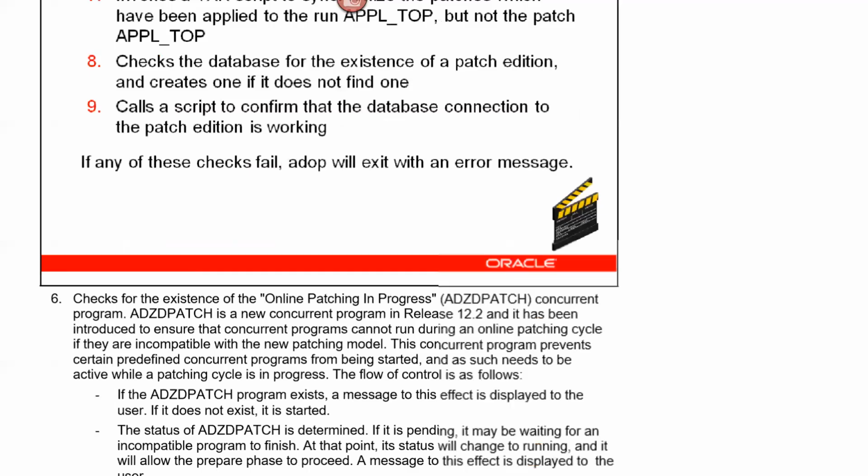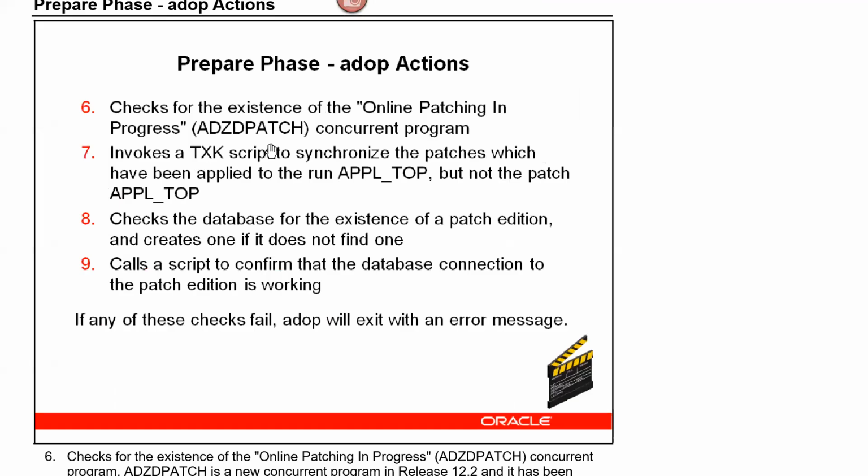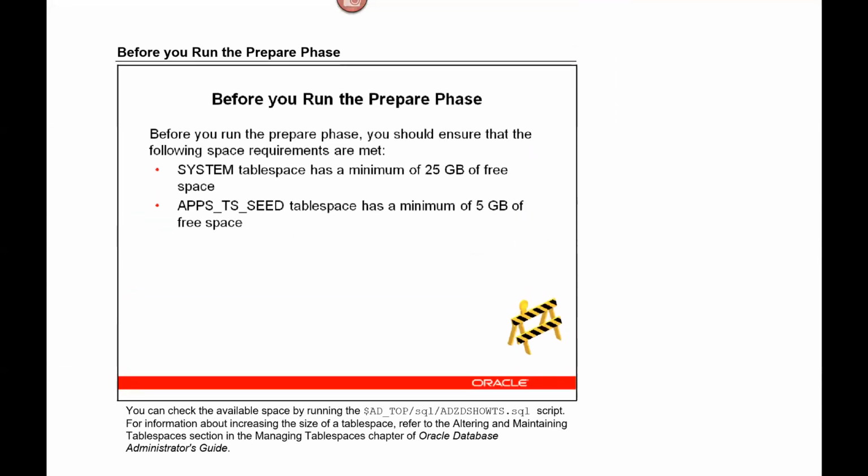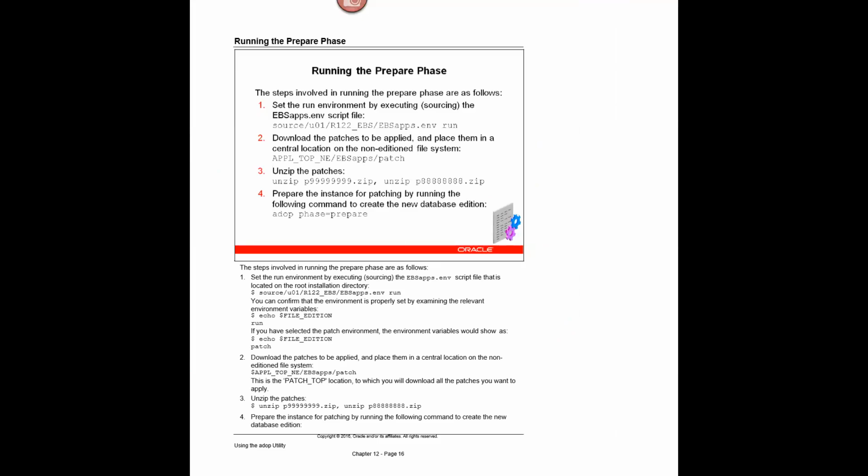It also checks whether online patching is in progress, invokes a script to synchronize the patches that have been identified, checks the database for the existence of a patch edition and creates one if it is not found, and calls a script to confirm the database connection to the patch edition is working. So many things it does. If it is not able to do them, it will report it to you. The minimum system tablespace should be 25 GB and APPS_TS space should be 5 GB before you can run the prepare phase.